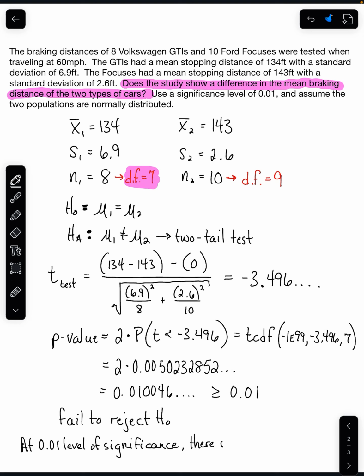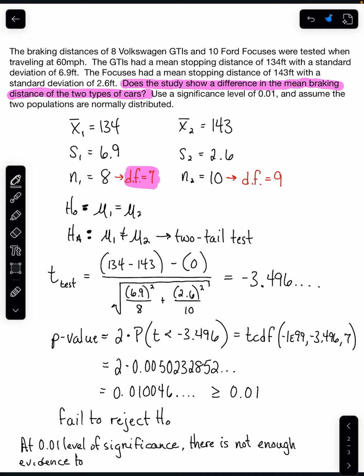At that level of significance, there is not enough evidence to, in this case, we did not actually specify a claim.